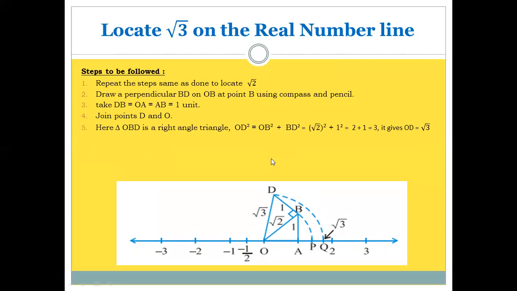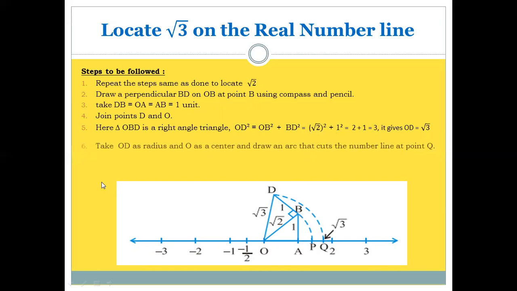Now again, applying the Pythagoras theorem in right angle triangle OBD, we see that OD square is equal to OB square plus BD square. We put the values of OB and DB here: root 2 square and 1 square. It becomes 2 plus 1, which is 3. Taking square root on both sides, OD will be equal to root 3. So the hypotenuse OD is root 3 units.